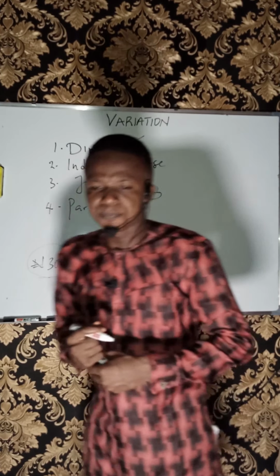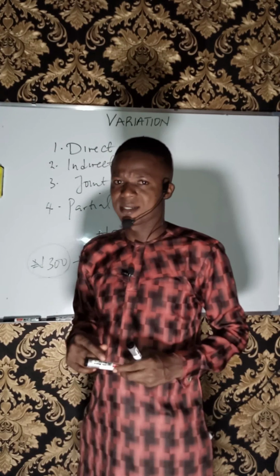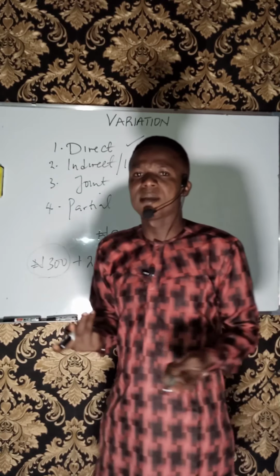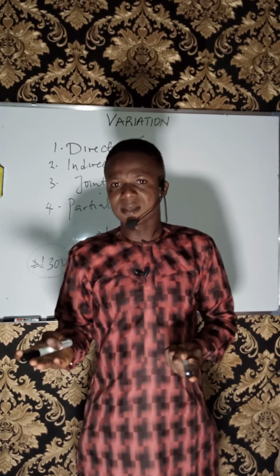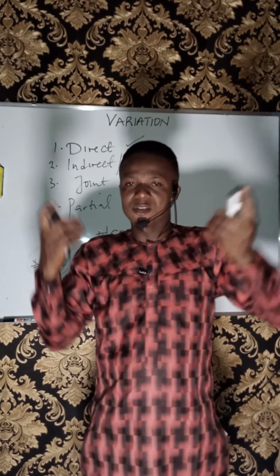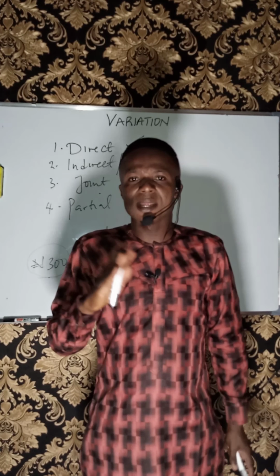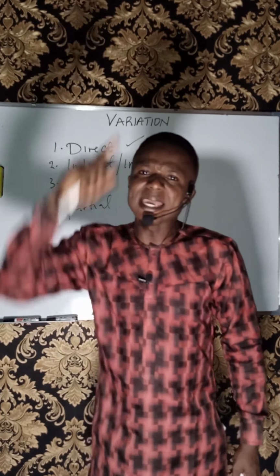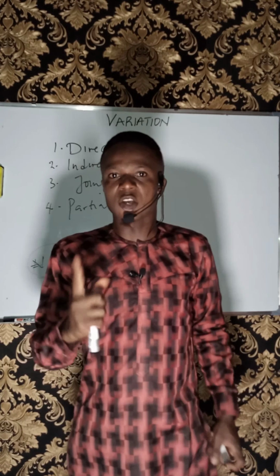All right, now summarily, in variation there is what we call constant, because all these things I'm talking about are relationships between two or more quantities. Sometimes we say that if one quantity increases, the other will increase, or if one quantity increases, the other will decrease. All these things will only happen if one condition is satisfied, and that condition is the constant.